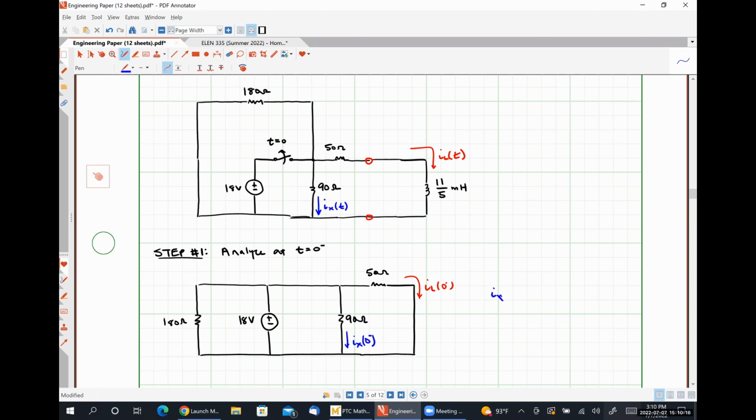I'll just put Ix of 0 minus over here, and IL of 0 minus here. Anybody have any ideas? Oh, Sarah, you're making this far too complicated. What's the voltage drop over the 90 ohm resistor?